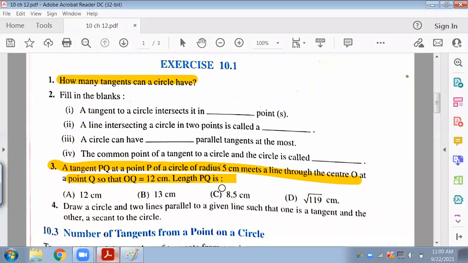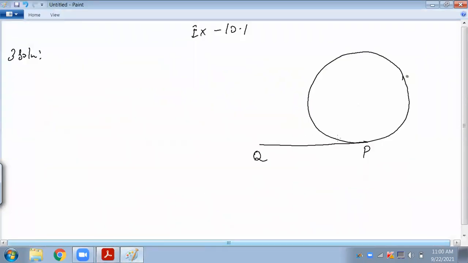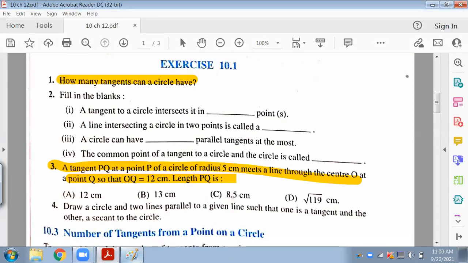The radius is 5, the center is O, and OQ is 12. The radius drawn at the point of contact is 5. You have to find the length of PQ.